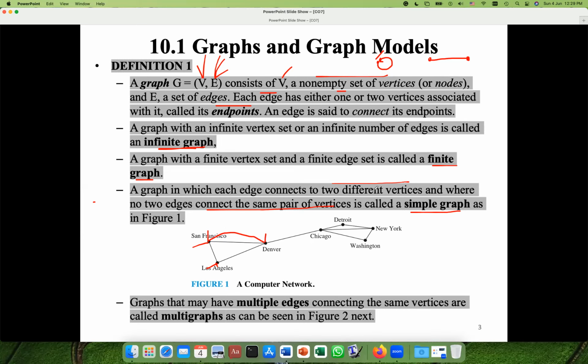So a graph which will have no multiple paths or loops would be called a simple graph. Or a graph in which each edge will always connect two different vertices, and no two edges will connect the same pair of vertices like that. That would be called a simple graph.